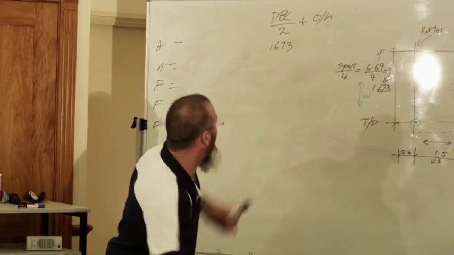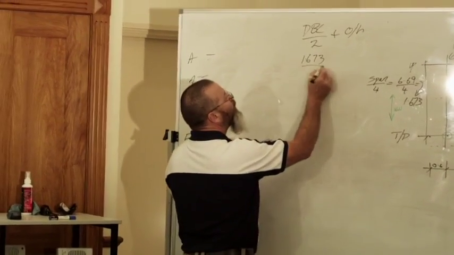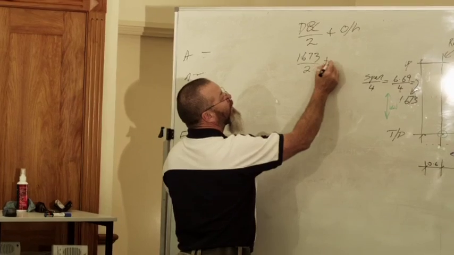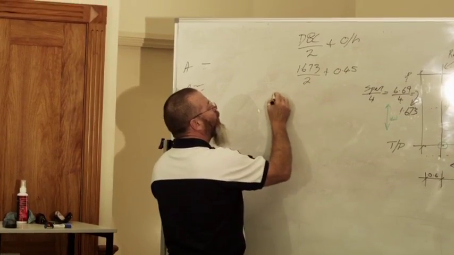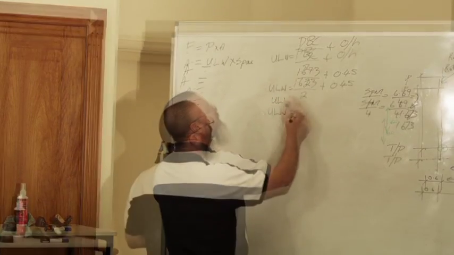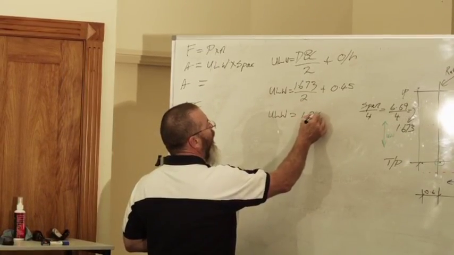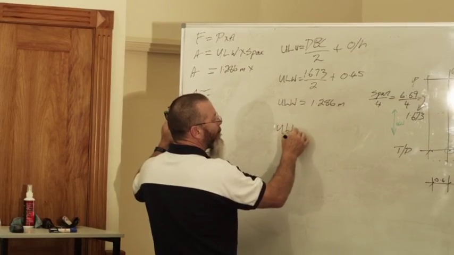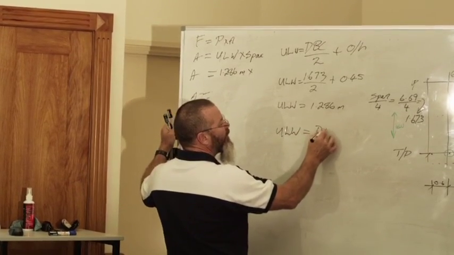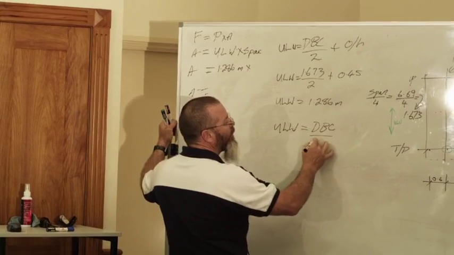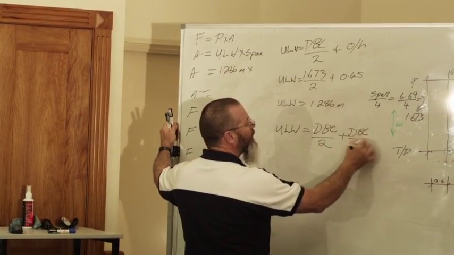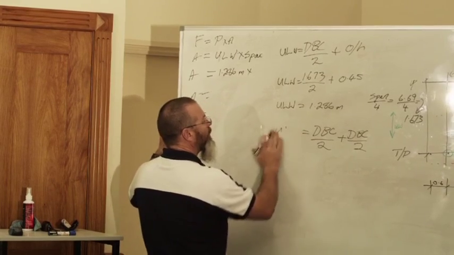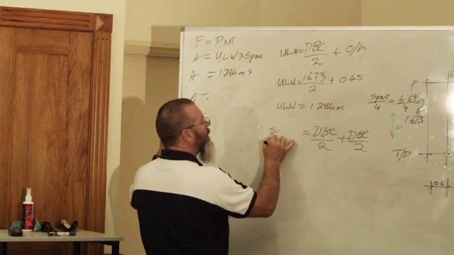So if you apply the maths to that, 1673, plus 0.45, ULW equals 1.286 metres. That's it. DBC divided by 2 plus the overhang. Sorry, spacing, that's meant to say.